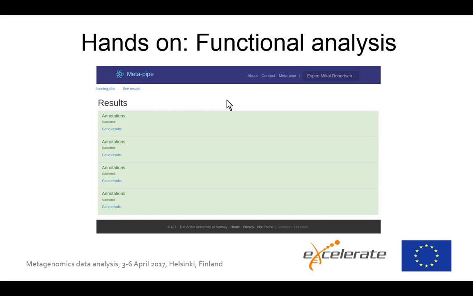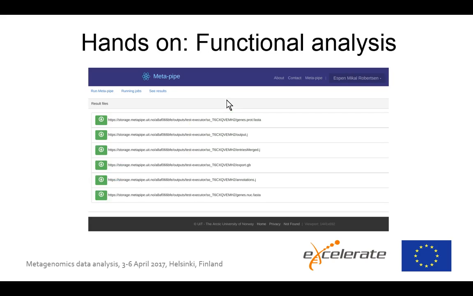And then basically you can go to see your results and you'll get the annotations. There won't be any text here because, as I said, it's still in beta. So you can just press go to results and you'll get an overview of all your files. Basically right now, there's a GenBank file, which is called export.gb, which is the one we're working with. But also, if you're interested, you'll get your genes in nucleotide and protein format.